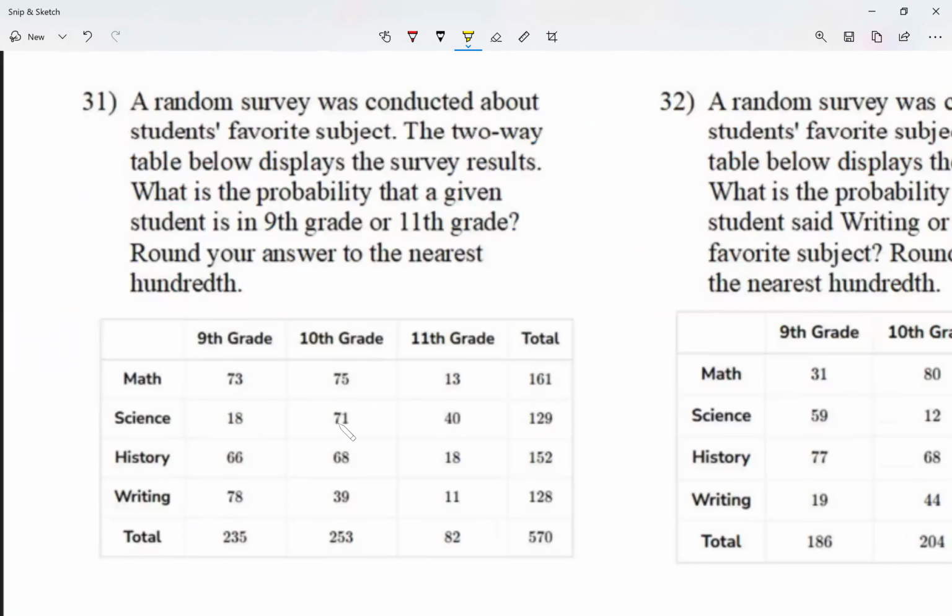Let's take a look at number 31. A random survey was conducted about students' favorite subject. The two-way table below displays the survey results. What is the probability? So that just tells me my answer should be between 0 and 1 that a given student is in ninth grade or 11th grade.